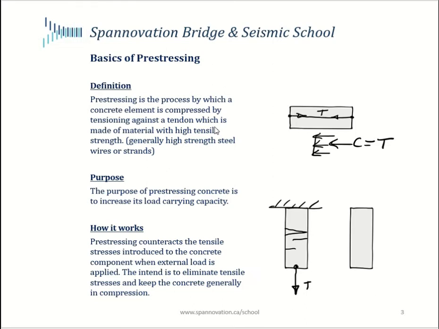But then if I instead use the piece of concrete that I just pre-compressed earlier with that tendon, sorry, it's showing up crooked, assume it's straight, then this already has a pre-compressive force C equal to T in it. Now if I apply an external load of T, then the concrete is just going to be in a state of zero stress, which means still no cracking. So on the one hand, I've got the same piece of concrete that doesn't even crack, whereas the first one's gone to failure. So this is how prestressing works.